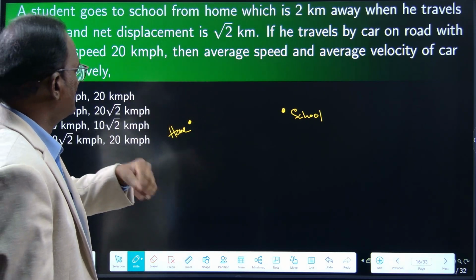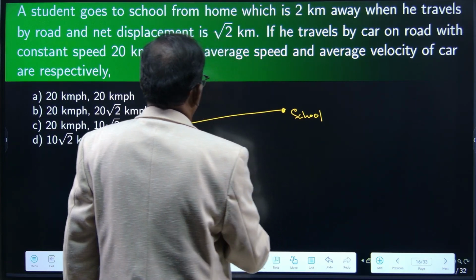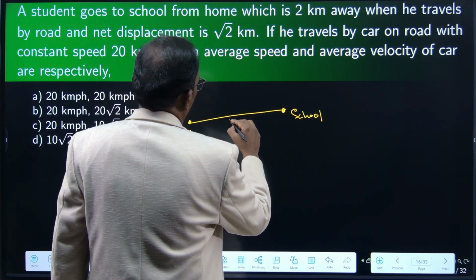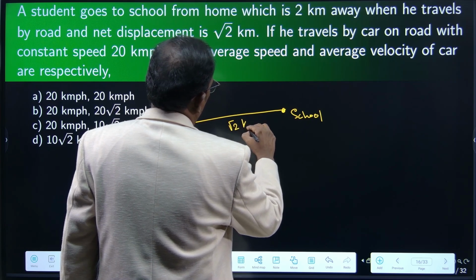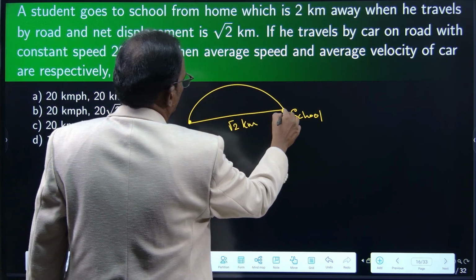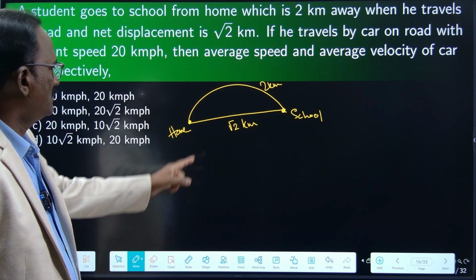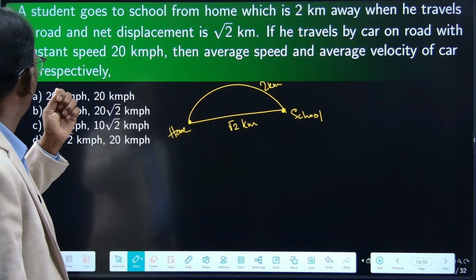It is lesser than the road distance, usually. So I am joining home to school by a straight line. This is root 2 kilometer, but on the road it is 2 kilometer. It is more than root 2.